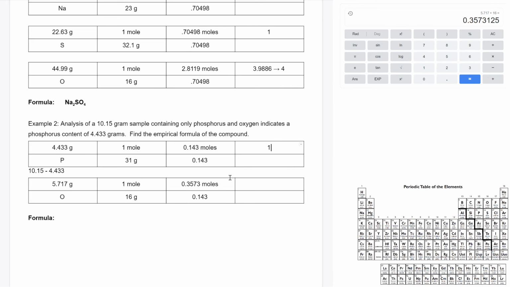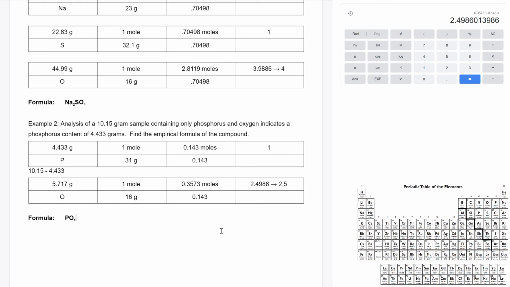So that's obviously 1. And with the oxygen, we get 2.4986. That is not within 0.1 of a whole number, so we're not going to be able to round that off. What that would round off to is 2.5.